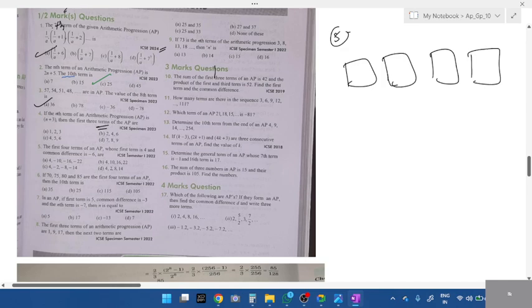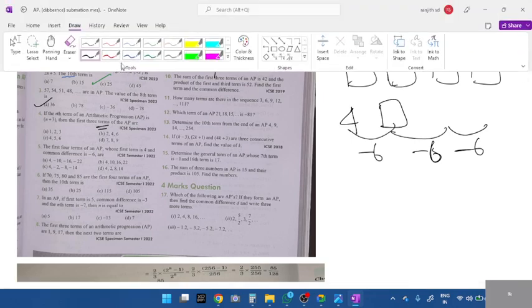No, first four terms are not given, right? Values are not given, but what is given? First term is 4, and the common difference. So if you subtract this, what do you have to get? What's the common difference, students? Minus 6 for everything, right?